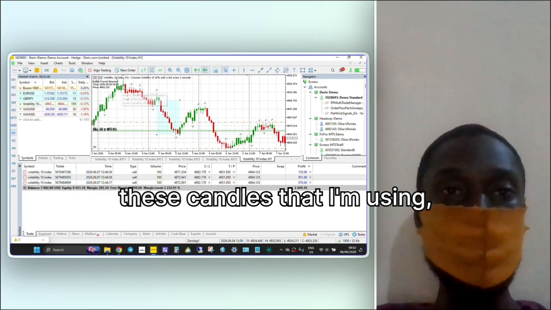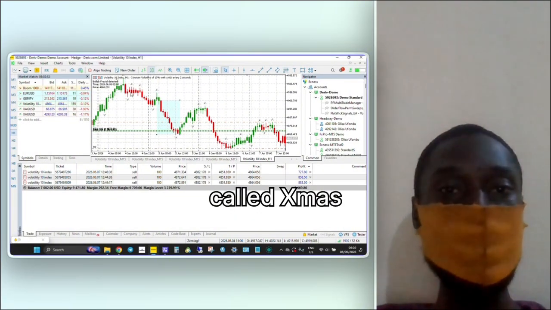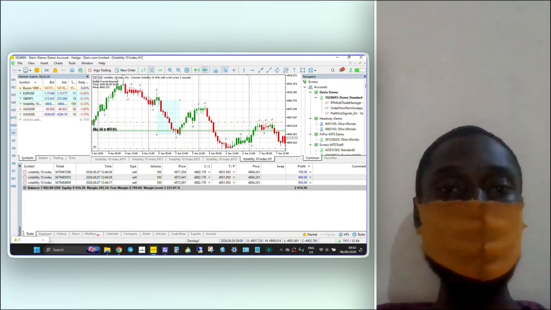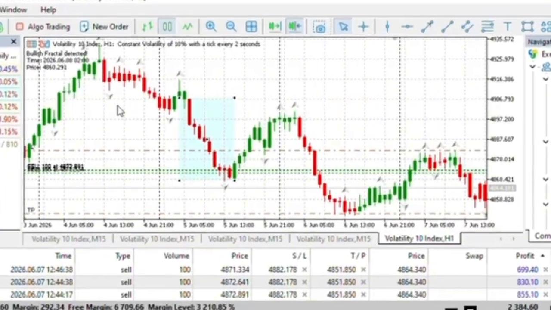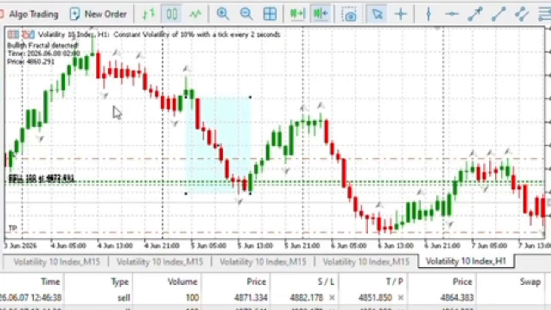These candles that I'm using are called Xmas Candles, and they use a custom method in plotting the market structure shift. So it might be different from the traditional way that you know to draw your market structure shift.